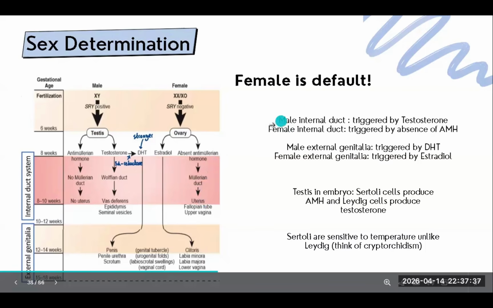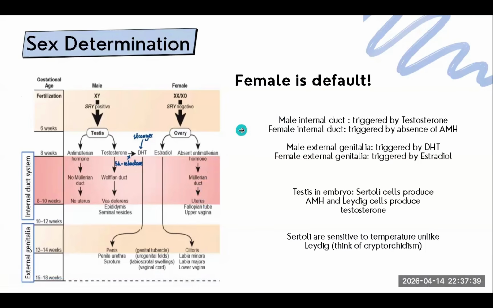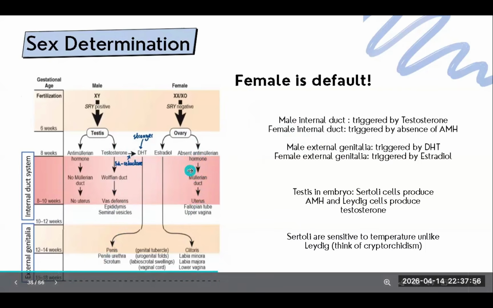Now, quickly, let's recap. The male internal duct is triggered by testosterone over here. The female internal duct is triggered by the absence of AMH. That's the difference, because female is default. The male external genitalia is triggered by DHT, and the female external genitalia is triggered by estradiol, which is an estrogen.